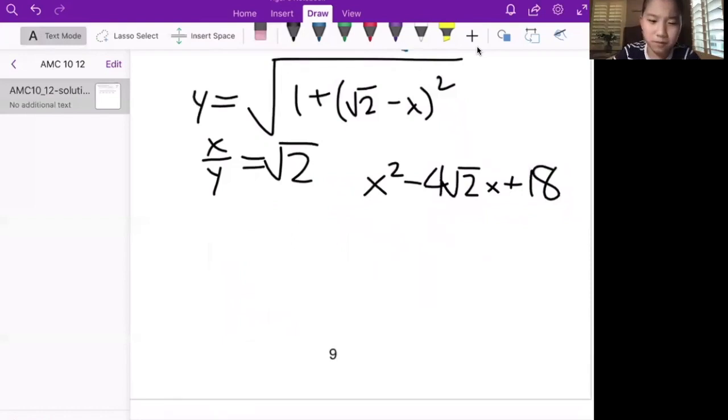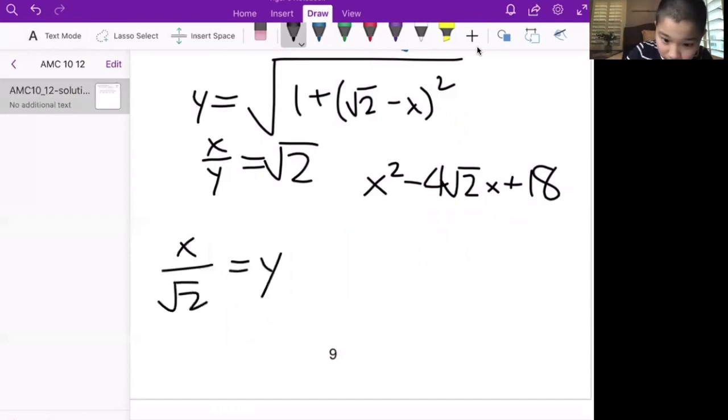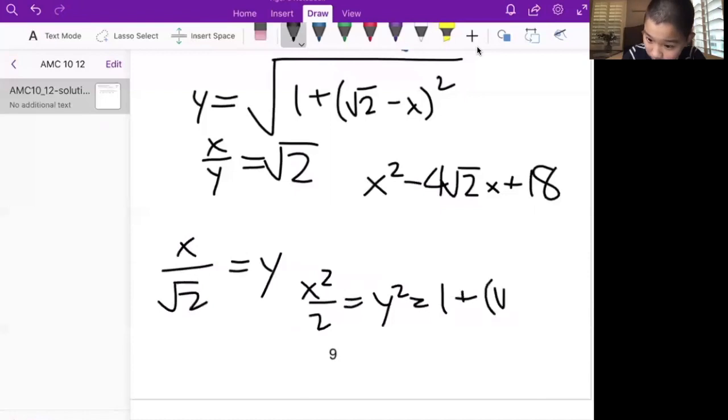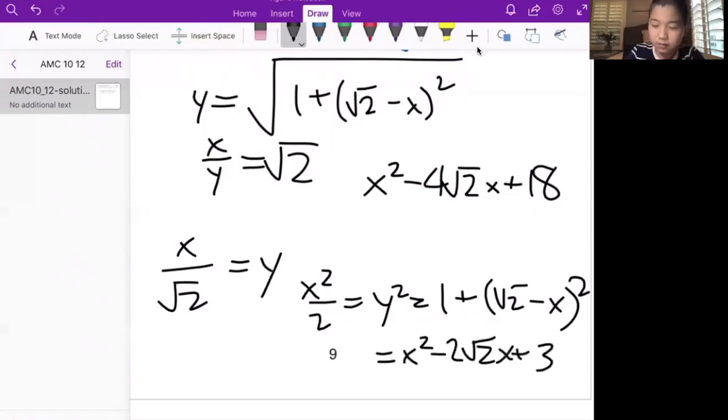Never mind, this isn't right, actually. Let's just do it again. So that's equal to x squared minus 2 root 2x plus 3. So yeah, this wasn't supposed to be 18. This was supposed to be 6.